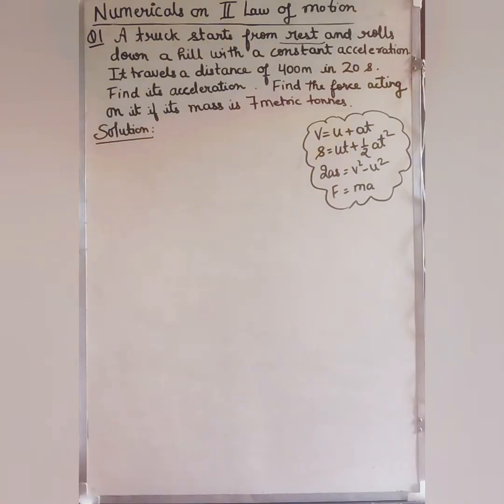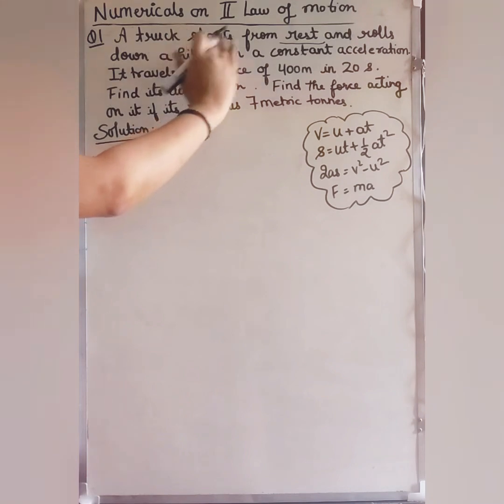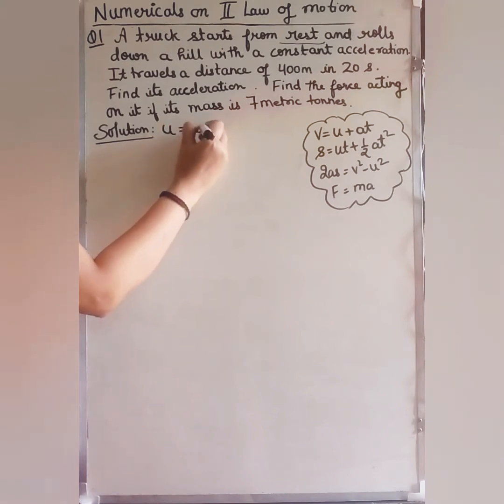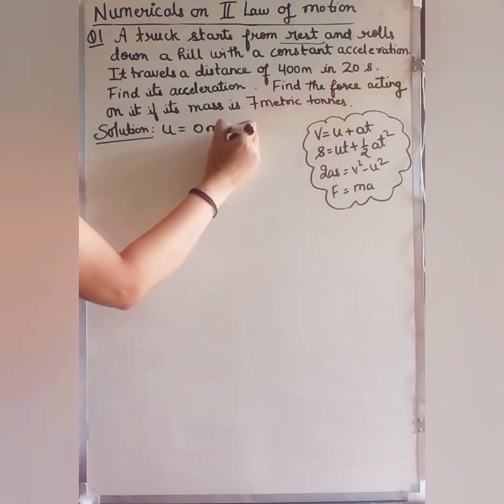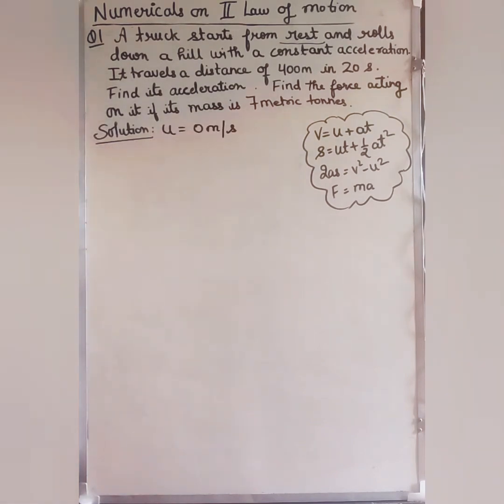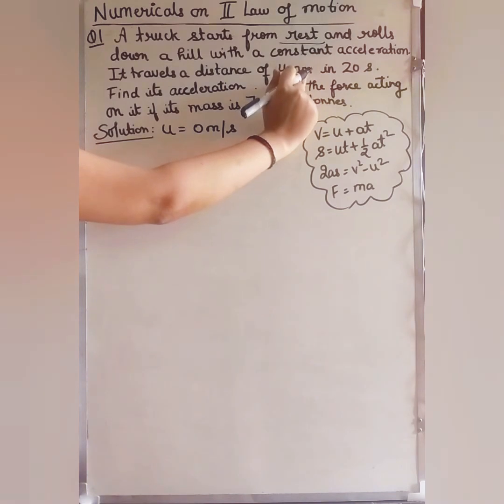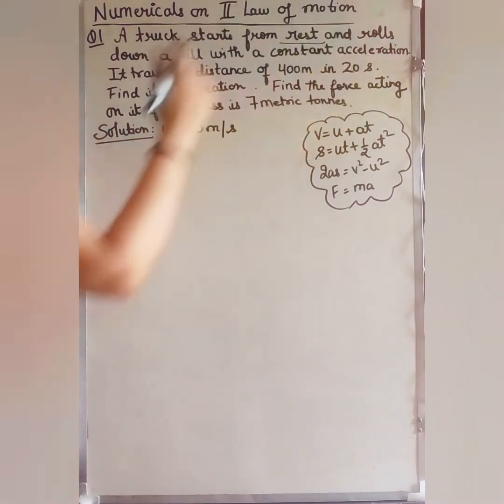So students, this is numerical number 1 in which a truck is starting from rest, and if any body starts from rest, its initial velocity is always 0 meter per second. It rolls down a hill with a constant acceleration. It is traveling a distance of 400 meter in 20 seconds.